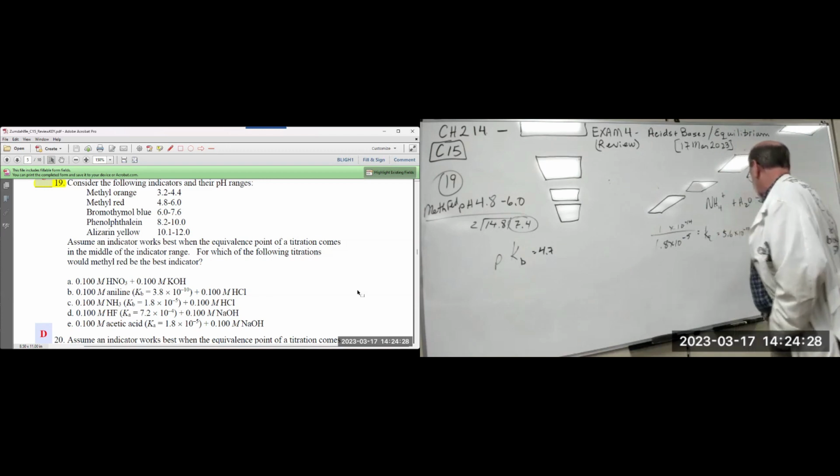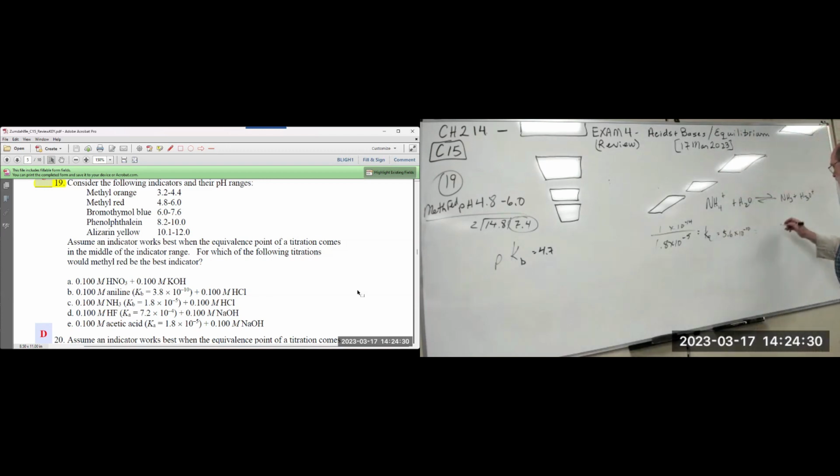And that's going to be ammonium ions, hydrogen ions over ammoniums.